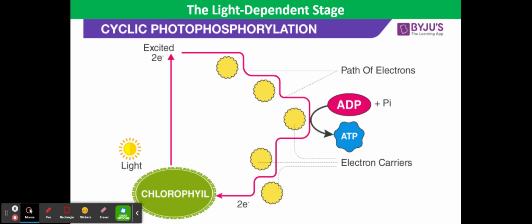They escape from the chlorophyll and pass to an electron carrier system, and then pass back to photosystem 1. During the passage of electrons along the electron carriers, a small amount of ATP is generated. However, no photolysis of water occurs, so no protons or oxygen are produced. No reduced NADP is generated.